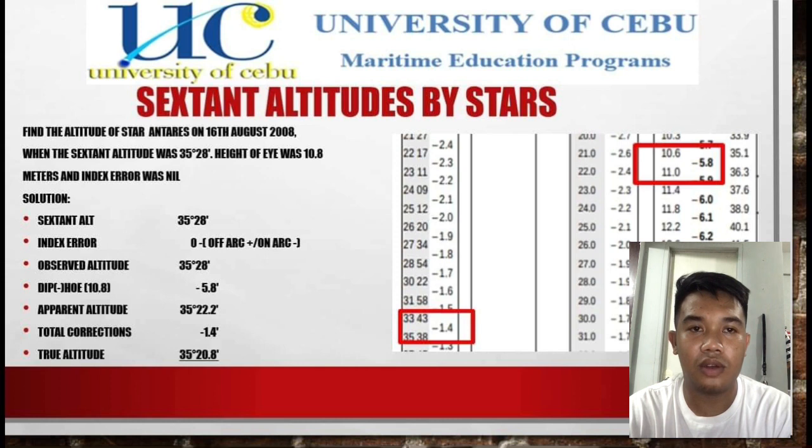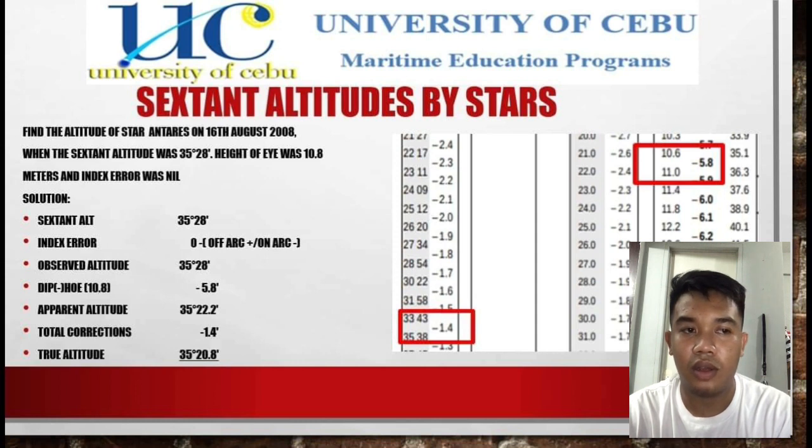Height of eye: as you can see in the table, 10.8 is between 10.6 and 11.0. It is 5.8 minutes, so we subtract. The answer is 35 degrees 22.2 minutes. Total correction is minus 1.4. So the true altitude is 35 degrees 20.8 minutes.